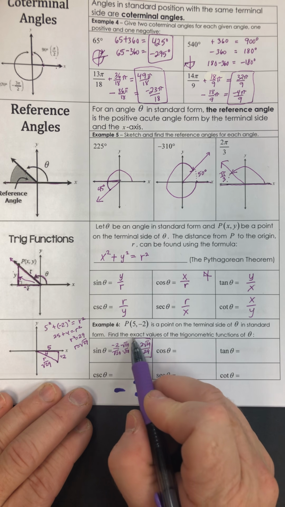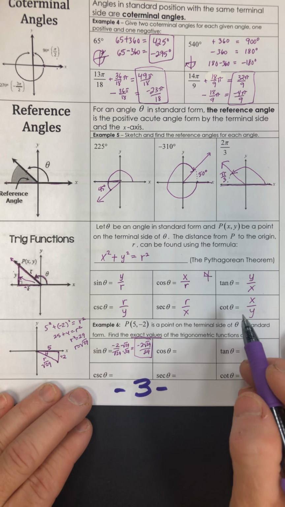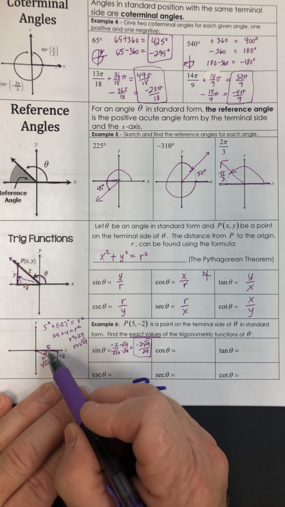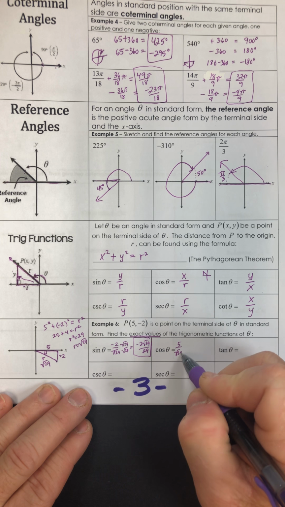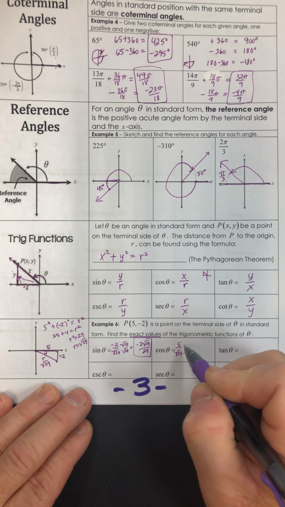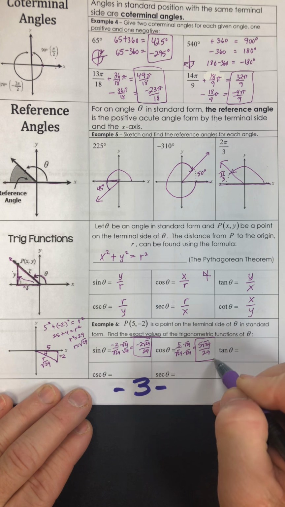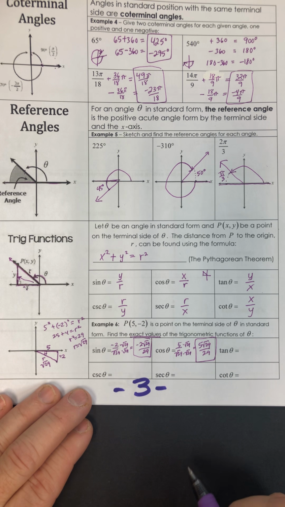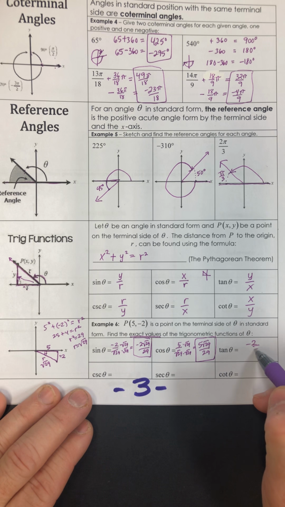It's finding the exact value. Write it like this. Cosine, that would be adjacent over hypotenuse. So 5 over the square root of 29 times the square root of 29, 5 square root 29 over 29. Tangent, opposite over adjacent, so negative 2 over 5.